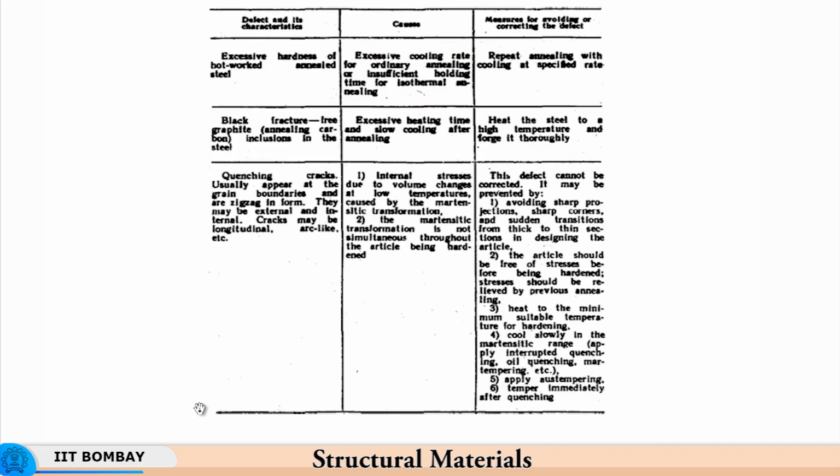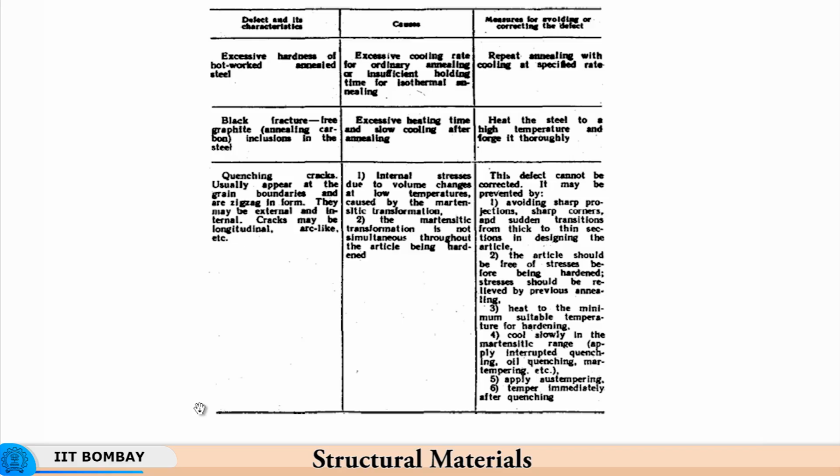Then there is excessive hardness of hot worked or annealed steel. These are a number of issues, like black fracture, that is free graphite, where there are graphite inclusions in the material, and as a result of that you have fracture taking place, basically strength being reduced because of the precipitation of graphite, and this is caused by excessive heating time and very slow cooling.